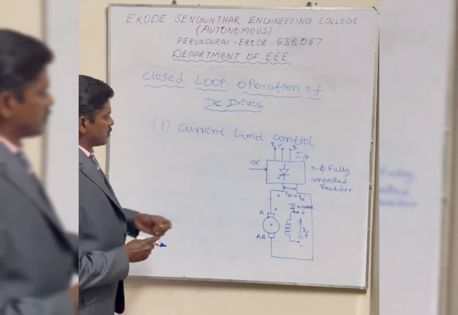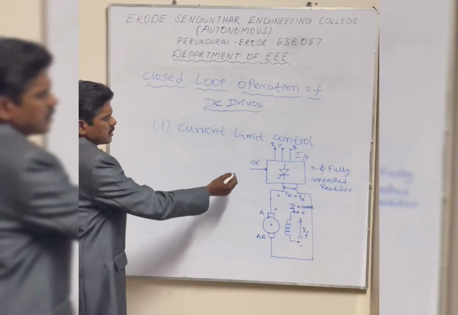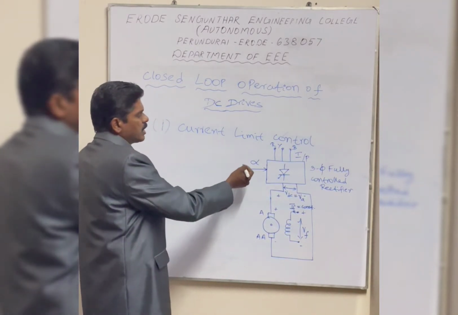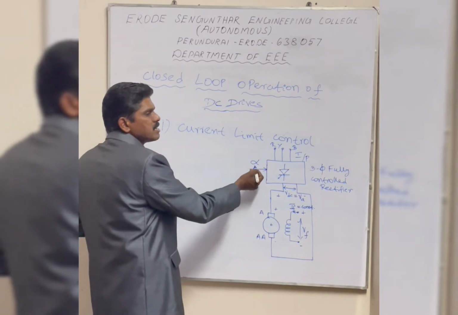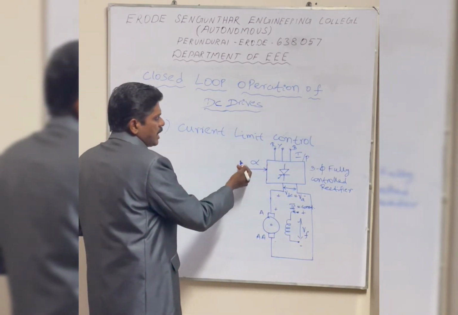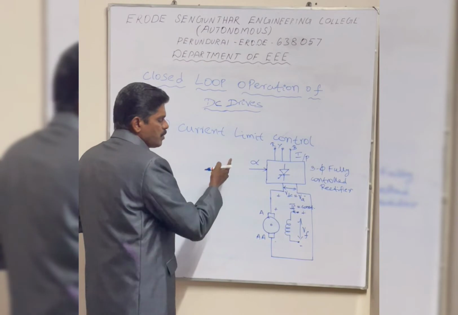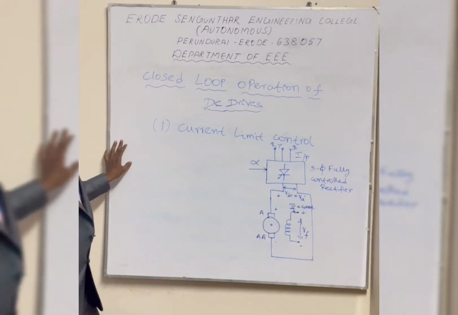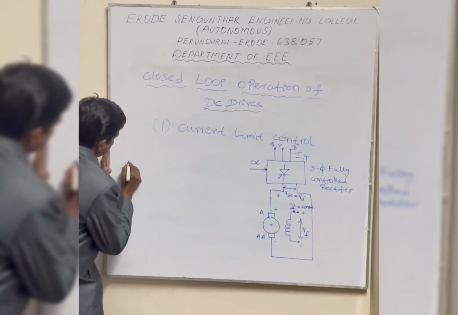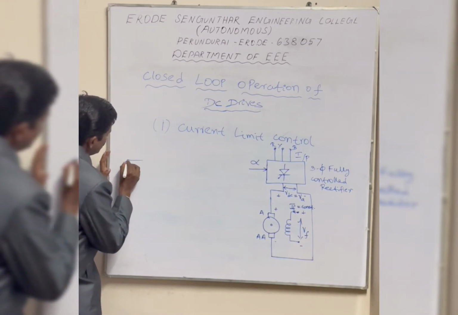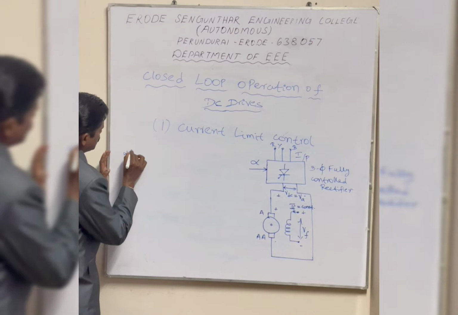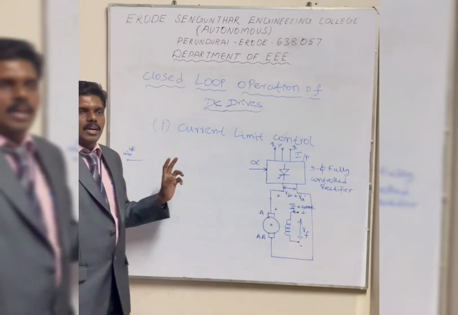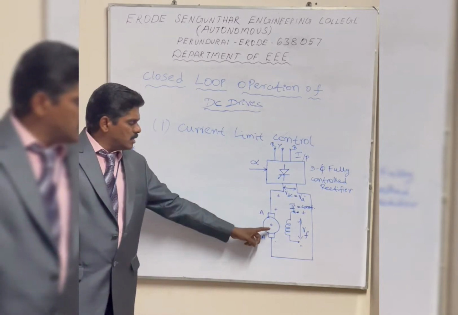How do we achieve this feedback control? Normally we have a firing circuit that gives different firing angles. Those different firing angles are achieved based on the feedback with respect to the desired speed. Let us say the required speed is Wm star, the required speed to run the motor.